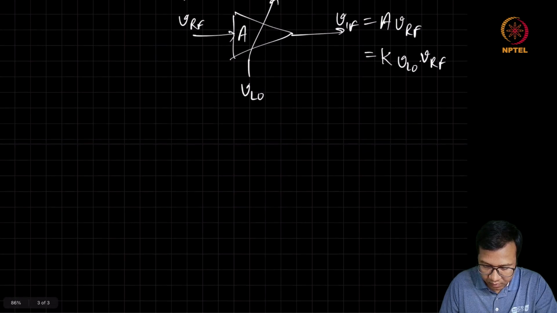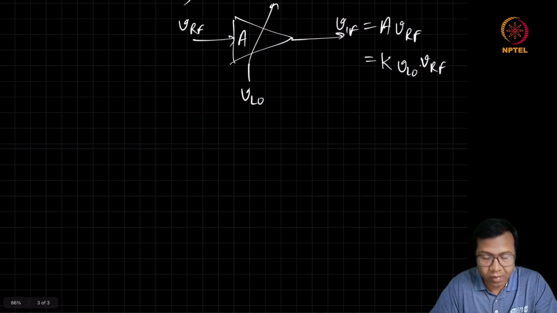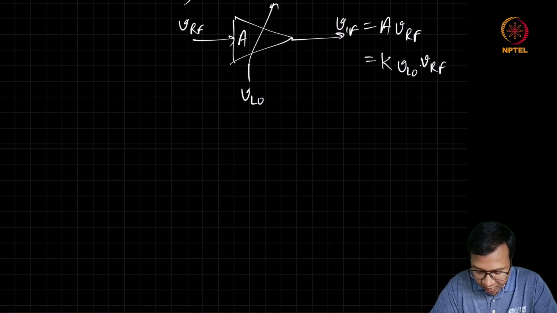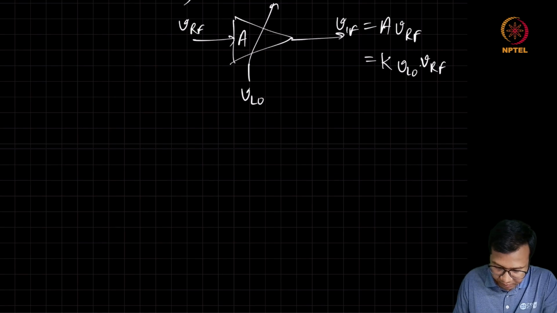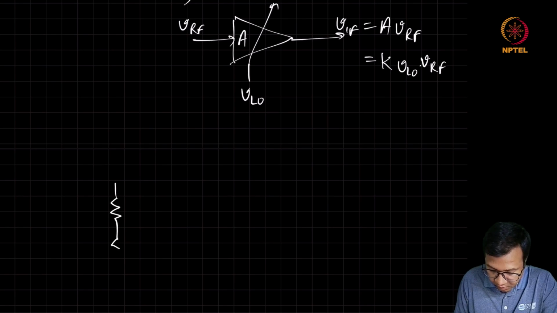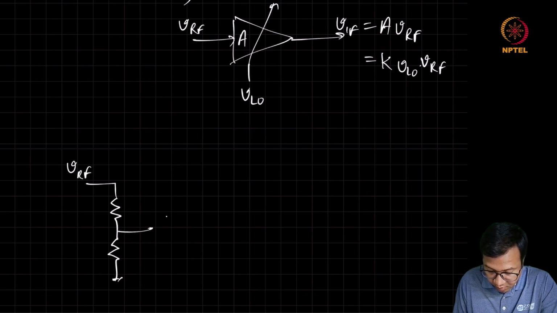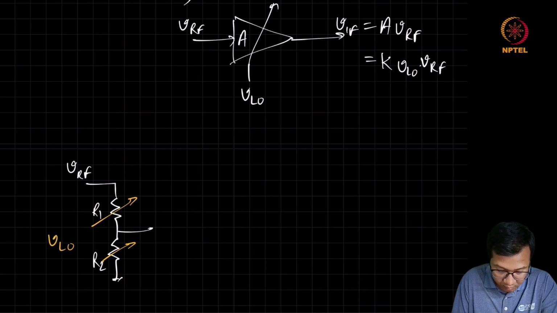This attenuation is much easier to design as compared to a variable gain, because what we can do is just take two resistors like this and apply VRF, and let's say R1, R2, both can be varied by VLO.